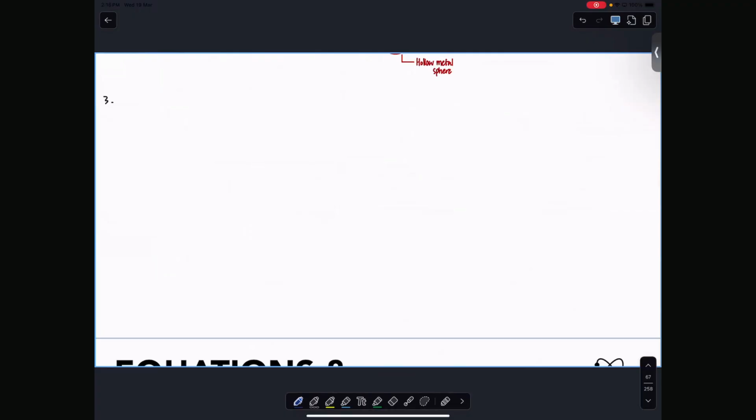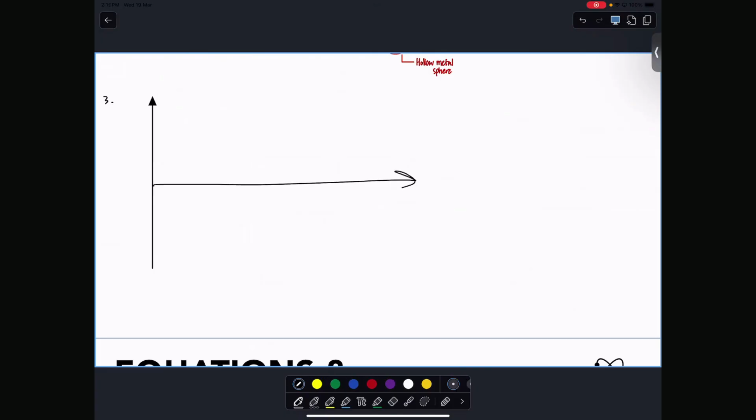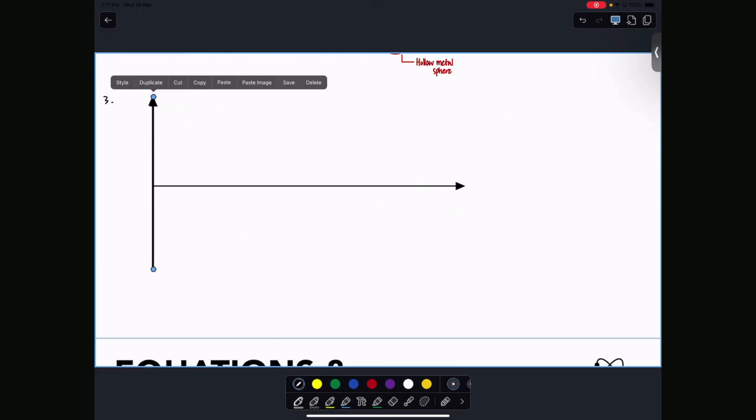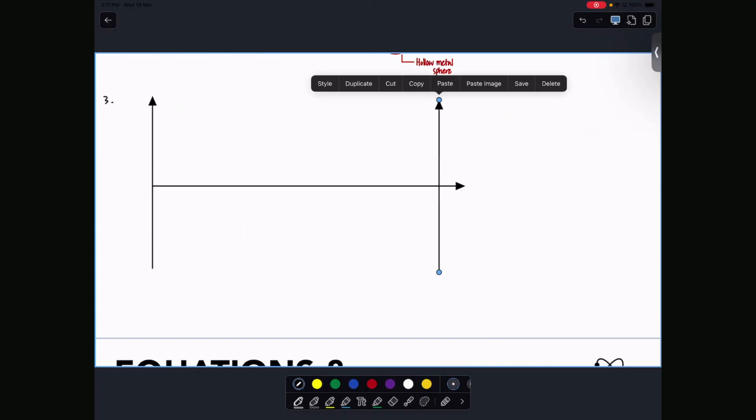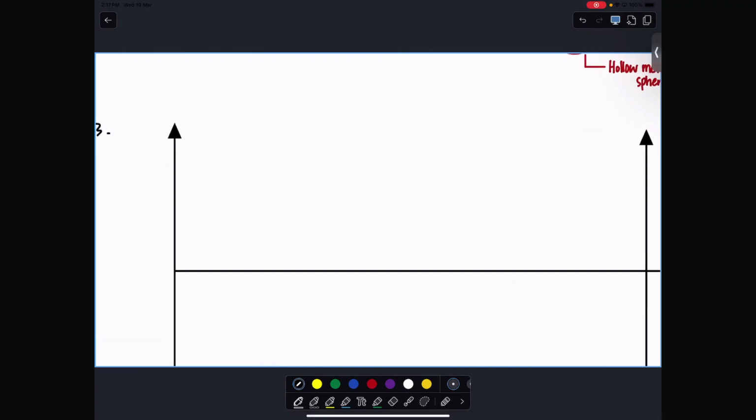Let's draw the graph for the field between two charges. This is very important. I can't emphasize enough. Out of all the graphs out there, this is the one you must remember somehow. There's nothing else to do. So this is electric field strength.